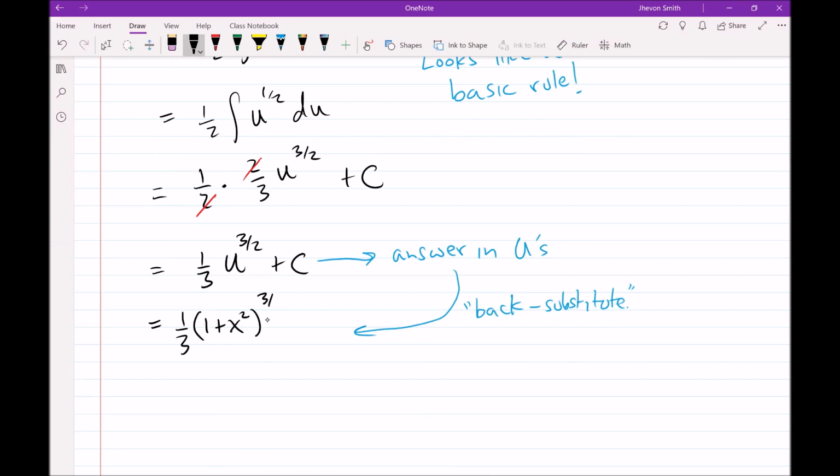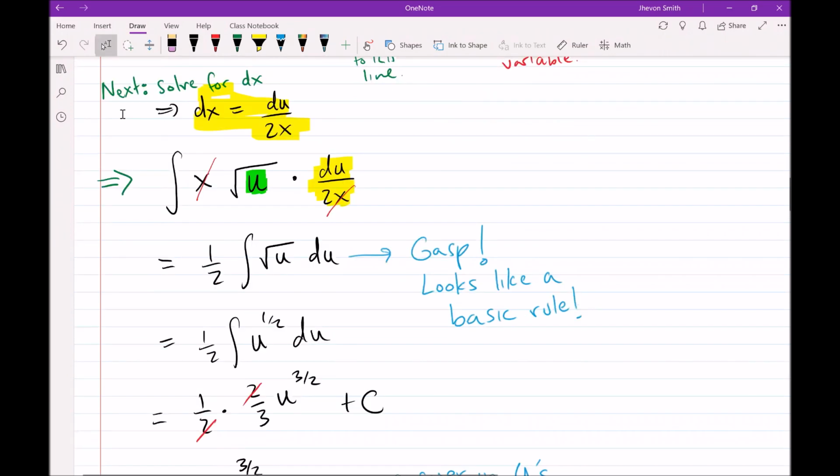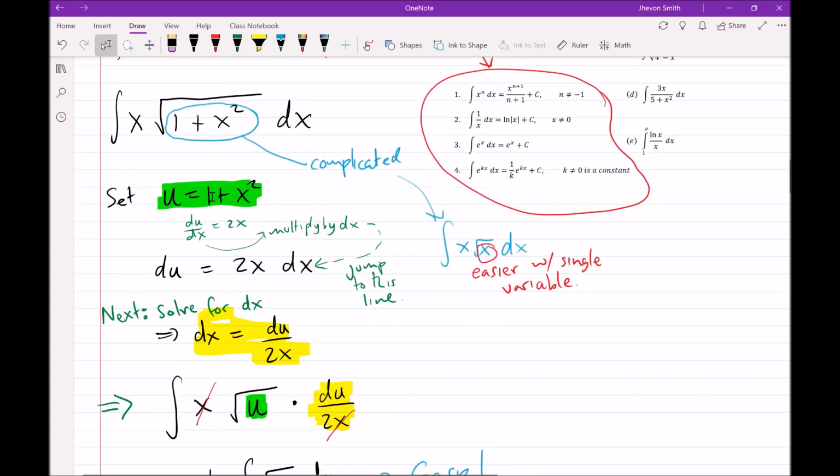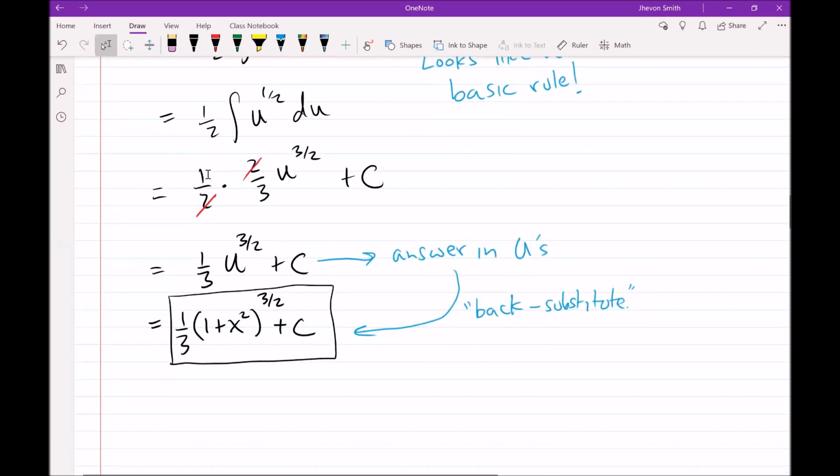It's starting to rain. And that is your answer. And you can check, if you were to differentiate this, you will actually get this function. But that's your answer. I'll just make a note of that.